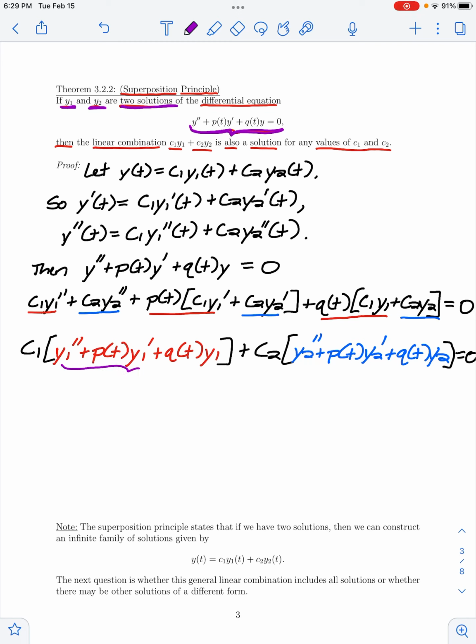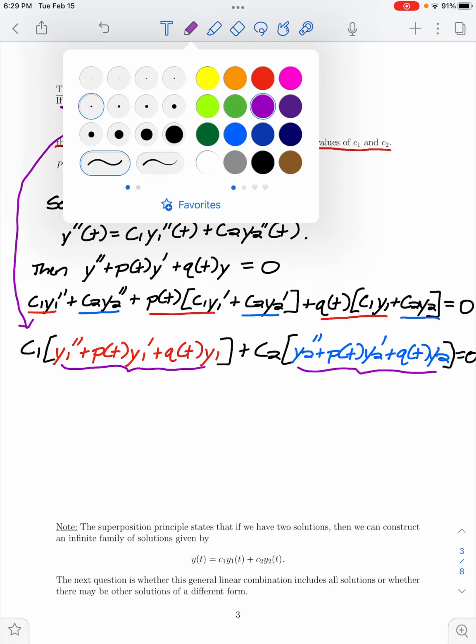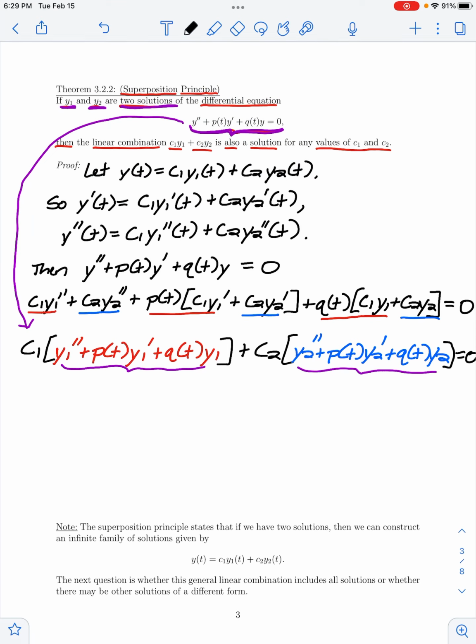Notice that these two expressions inside the square brackets are exactly that differential equation with y1 and y2 substituted in. So since y1 and y2 are solutions, both of these expressions in brackets are just 0. So I have c1 times 0 plus c2 times 0, which is indeed equal to 0.